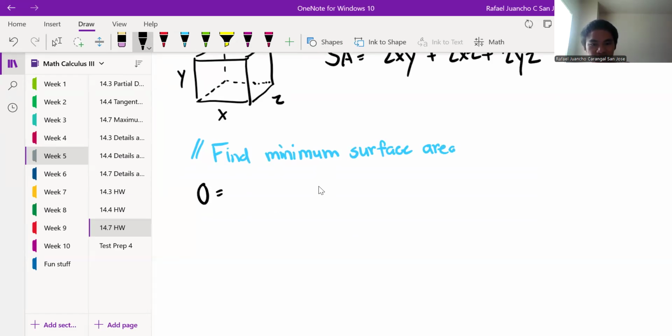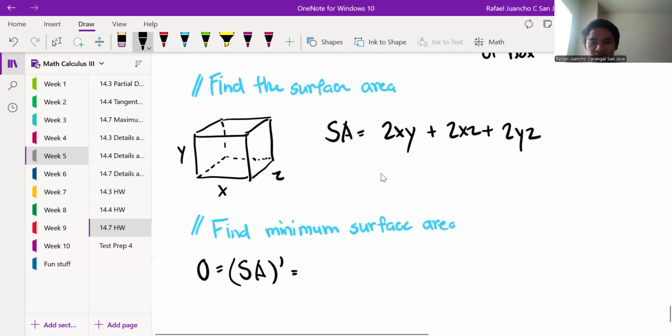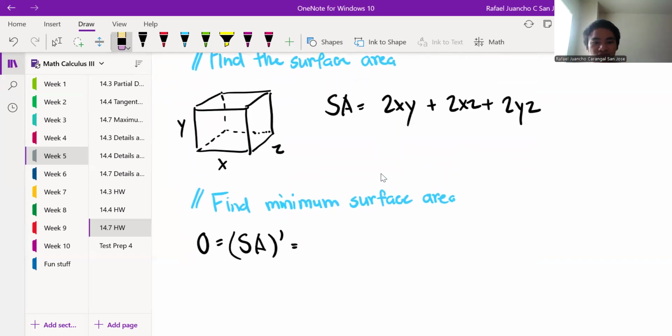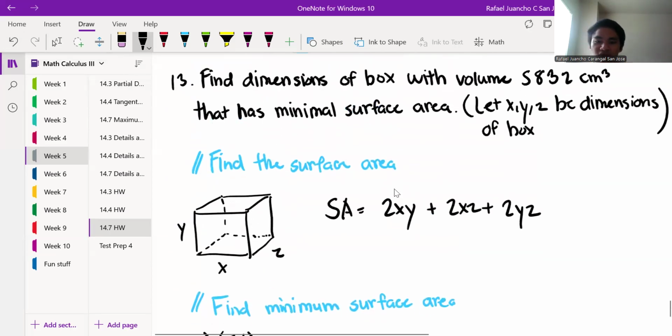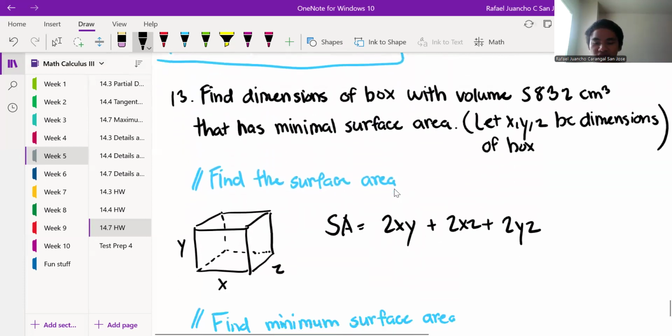So 0 is the derivative of my surface area. And we actually do it in terms of X and Y. So we actually take partials here. So we take a partial of my surface area with respect to X. We set that to 0. We also take a partial of my surface area with respect to Y. And then we get something out of that.